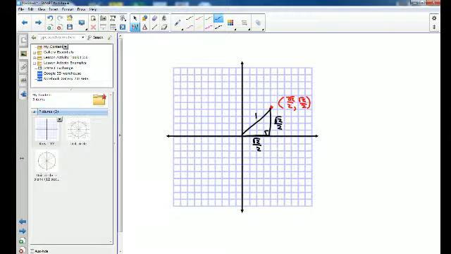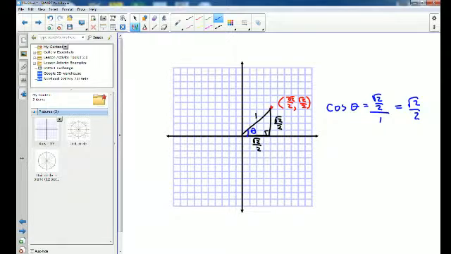If I make this our reference angle, what is the cosine ratio? Adjacent over hypotenuse, correct? And anything over 1 is just itself.